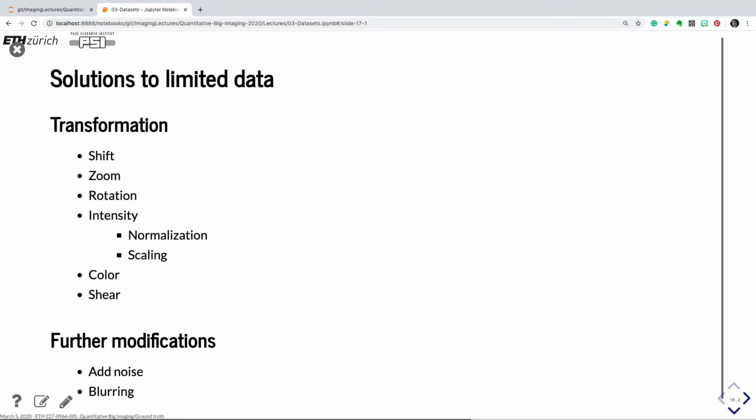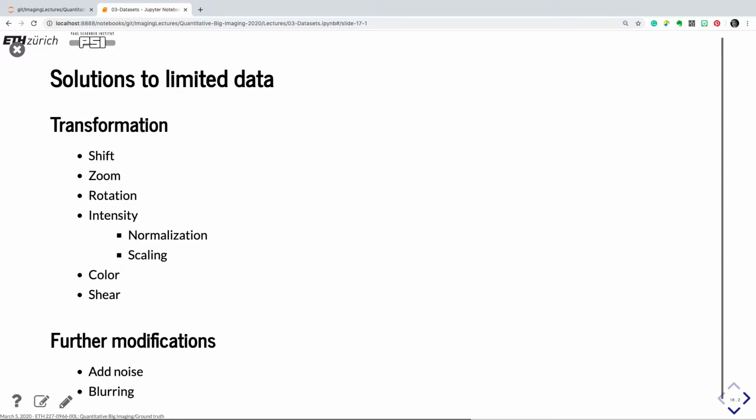These distortions can be shifting around. We can zoom a little bit, making different sizes. We can do rotations of the sample. Also, intensity variations you can introduce. Of course, color can also be varied if you have color data.